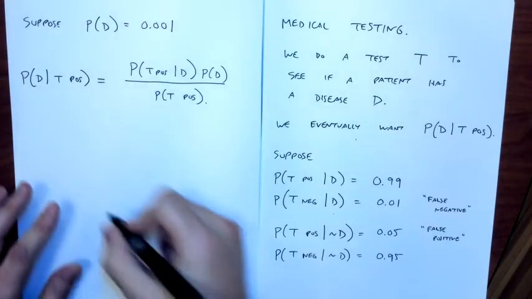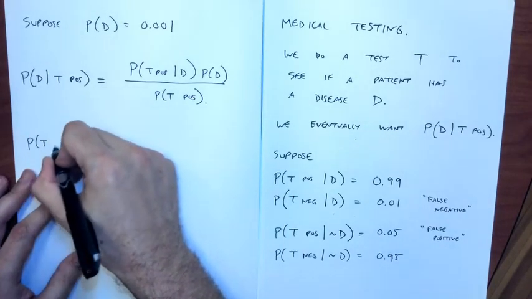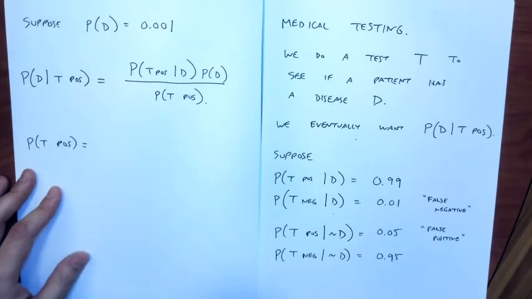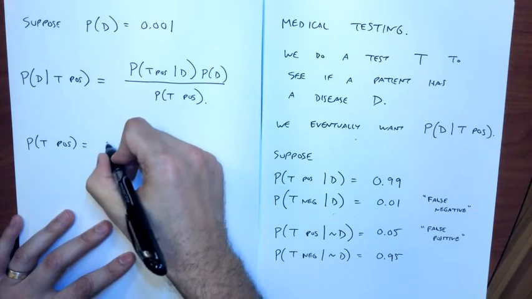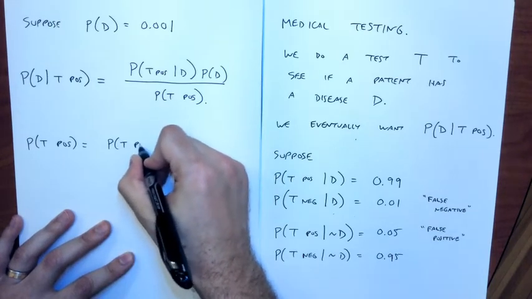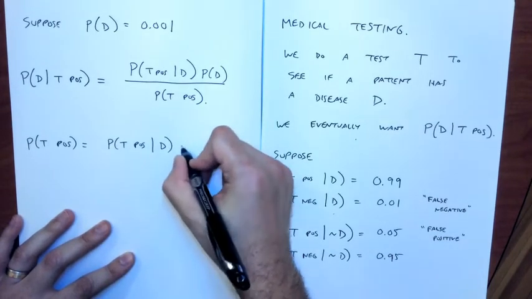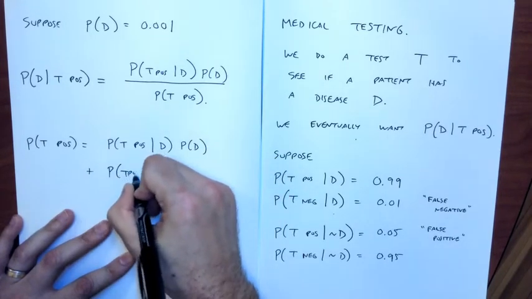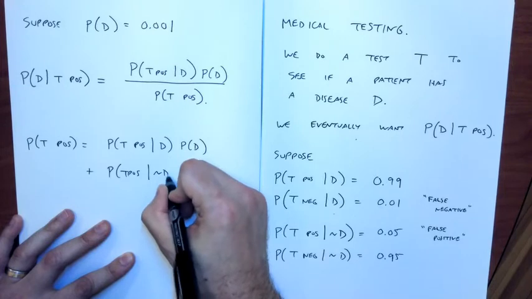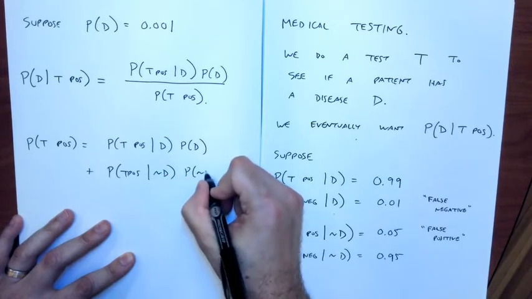First I have to compute the probability that the test is positive overall. I use the total probability theorem: the probability that the test is positive given that I have the disease times the probability of the disease, plus the probability that the test is positive given no disease times the probability of no disease.